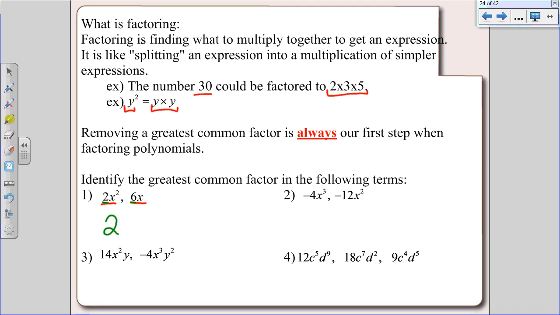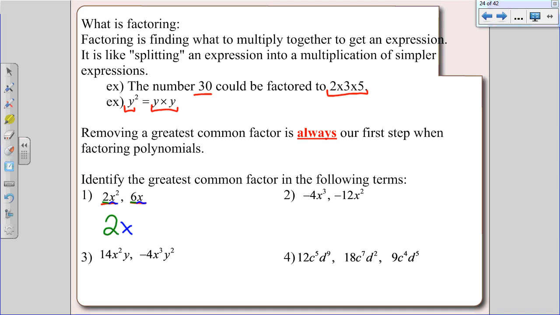Then you look at the letters. This one's x squared, and this one's x. And you ask yourself, what's the most number of x's that could divide into both of those? Just one x, right? Just x. It'll always be whatever the lowest exponent is. So in this case, x could divide into both of those. X squared could not divide into both of those.